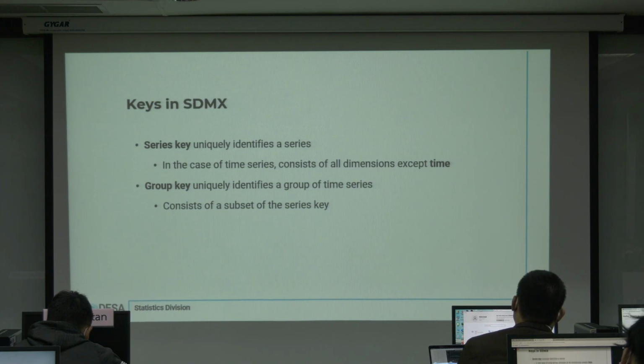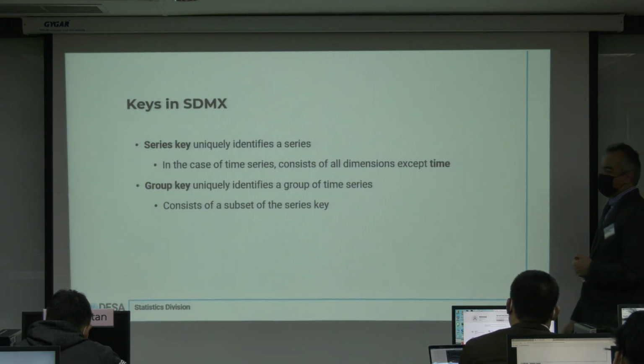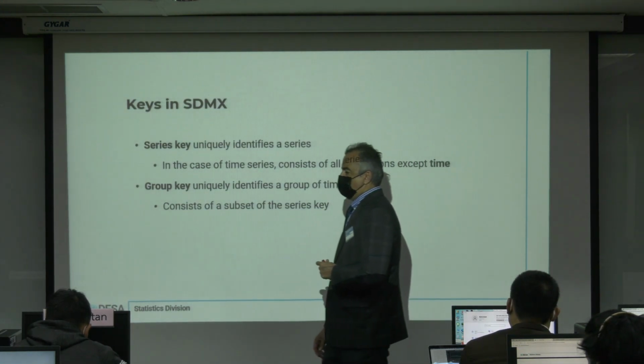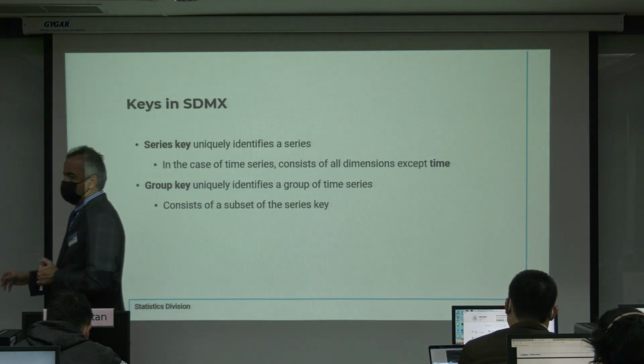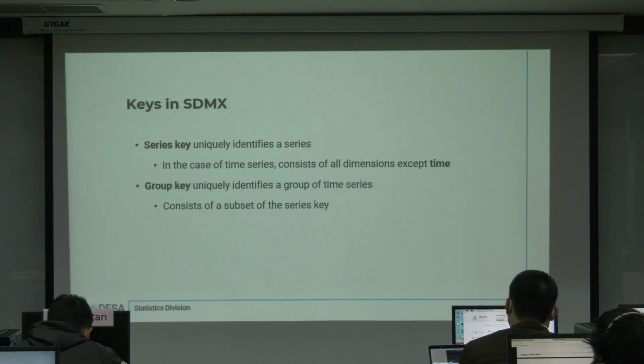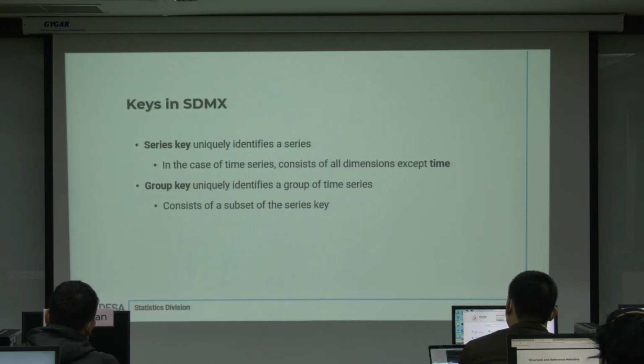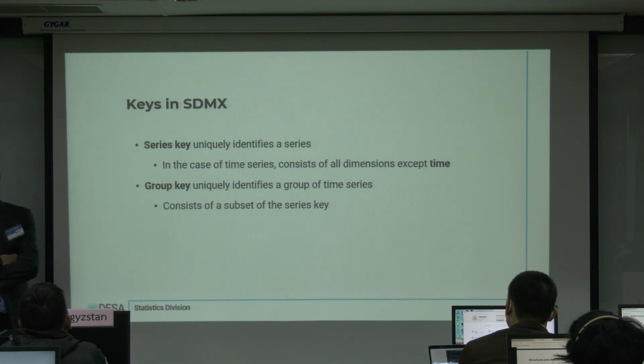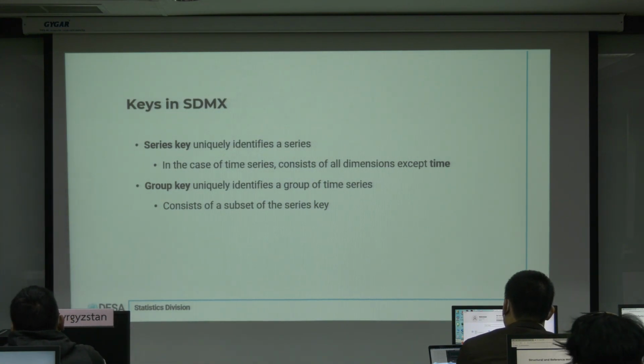So to go back to our example of a theater ticket, what might a row key look like? We have a seat key which looks like section 1, row 12, seat 25.